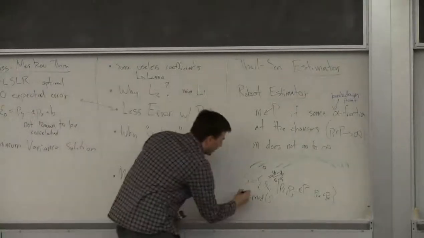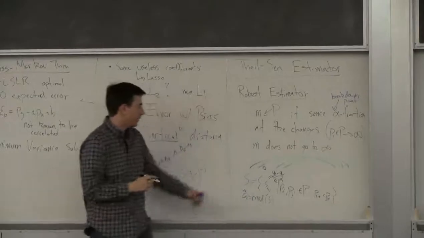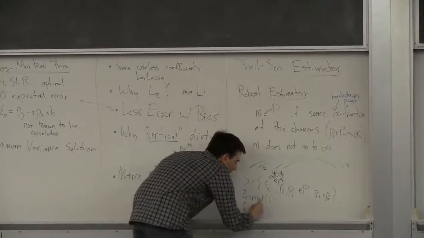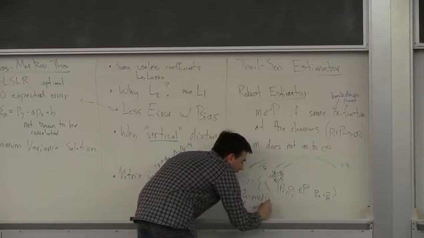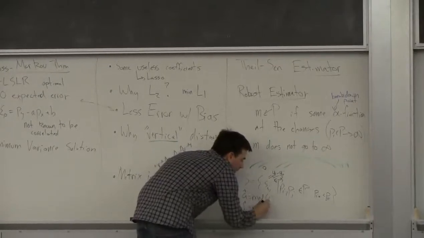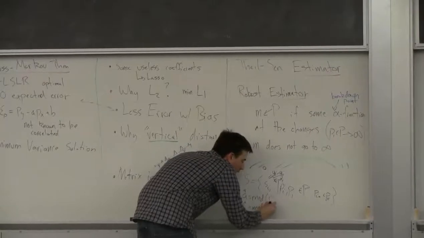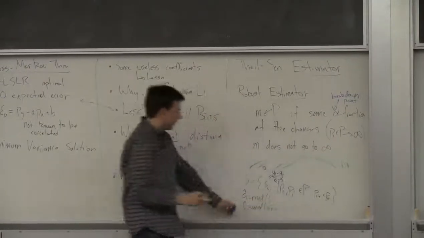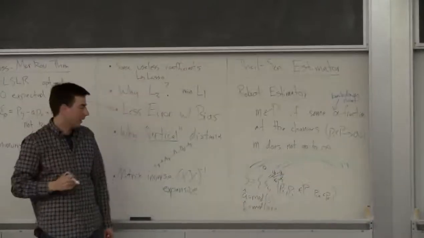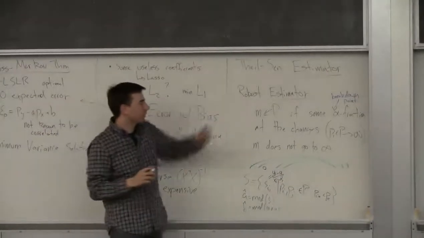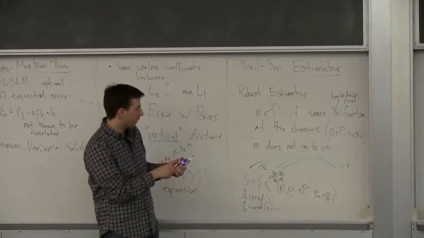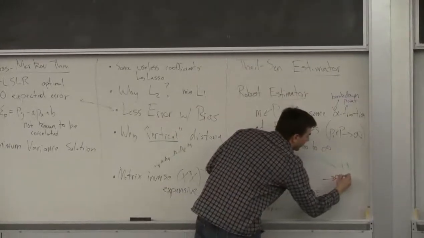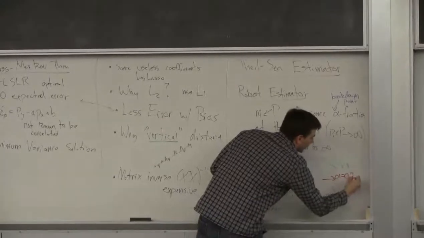This gives me an A hat, and you can get a B, which is just the median of the y residuals as well. And this has a breakdown point alpha of something like 0.23.